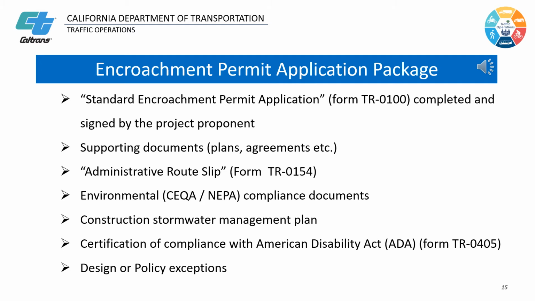Please also include the completed route slip TR0154 and all supporting documents. The package should also include the environmental compliance documents, construction stormwater management plans, certification of compliance with the Americans with Disabilities Act, Form TR0405, and design or policy exceptions.